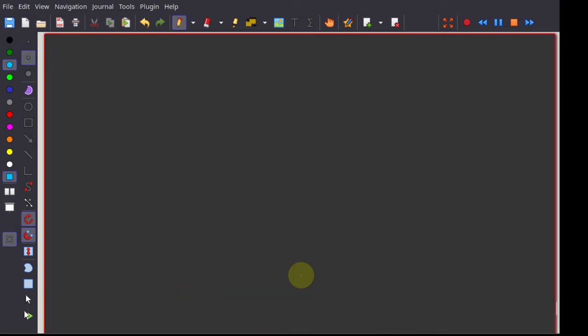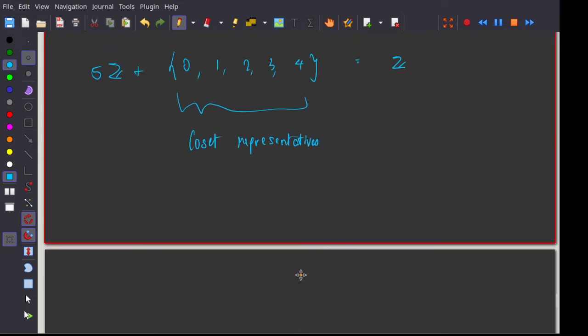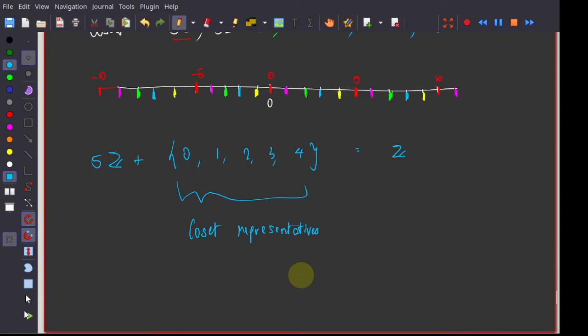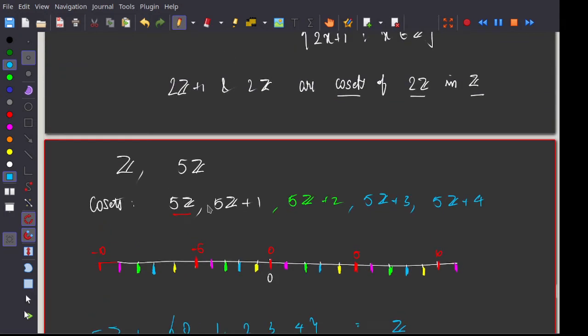Okay. Correct. But you also need to say corresponding to which subgroup. So that is why these are cosets of 5Z in Z.